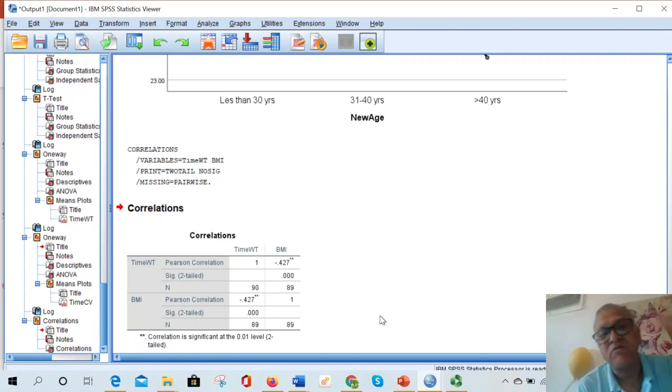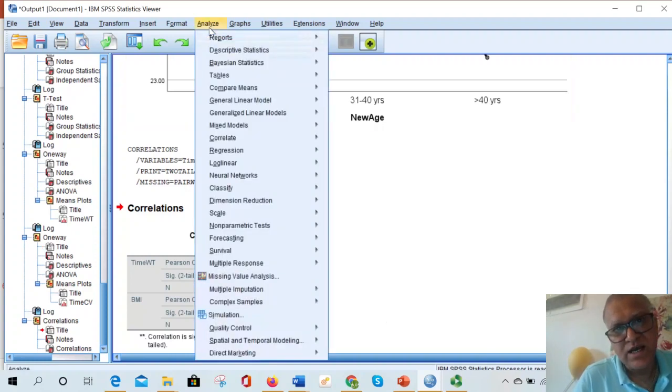The more time you spend on the weight machine, the less BMI you have. Less time you spend, more will be BMI. Obviously, the more you work in the gym, the less will be your body mass index. That's the relationship we are getting.